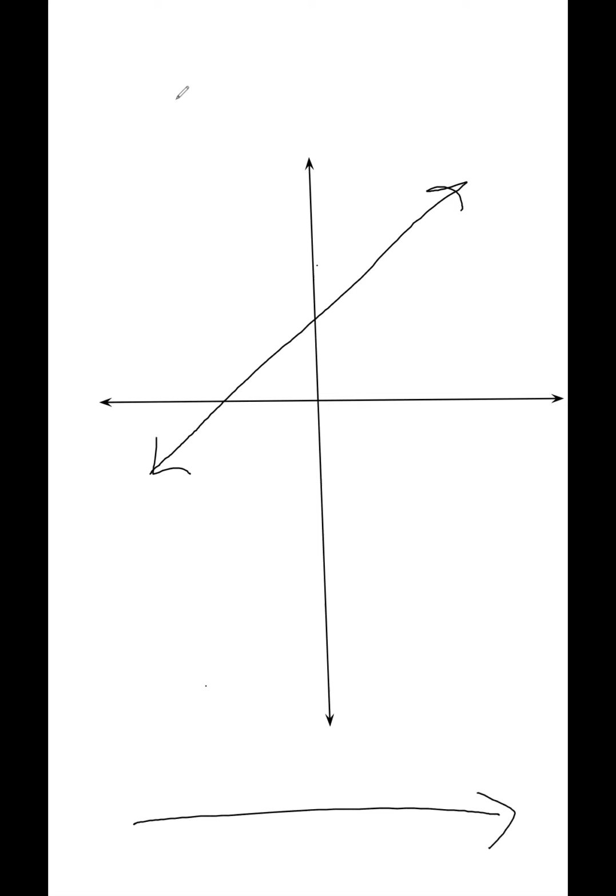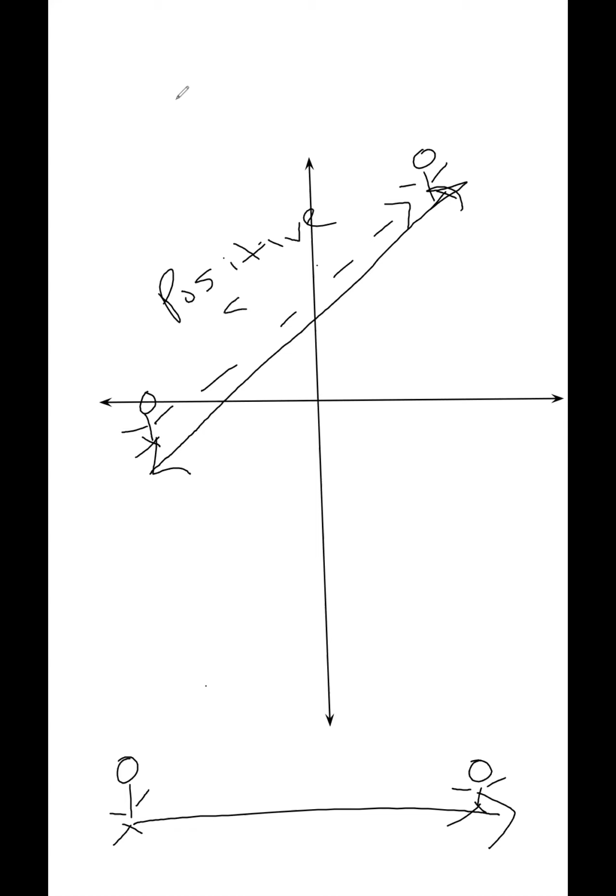Then you got to think of slope dude. If slope dude is starting on the left, he's got to move to the right. Well, if he starts to the left on this graph, he is walking up the hill. So this is a positive slope.